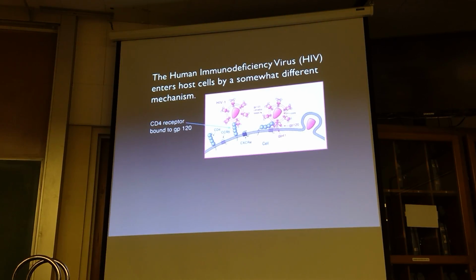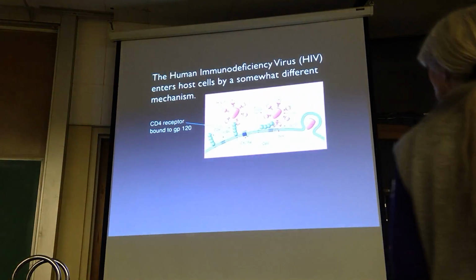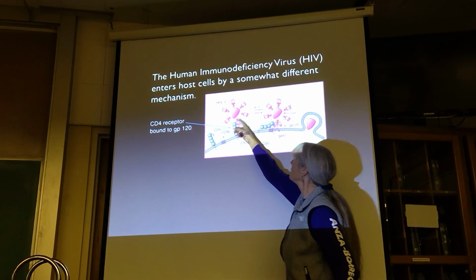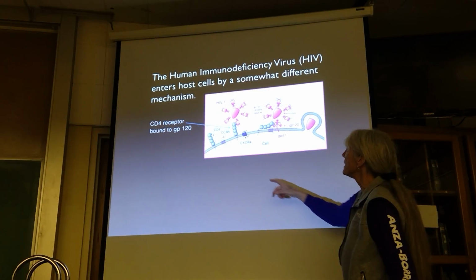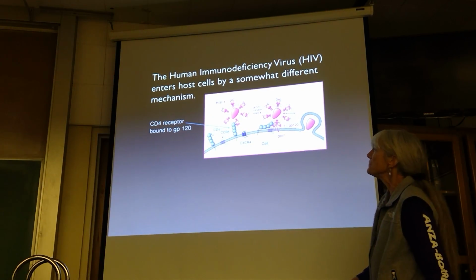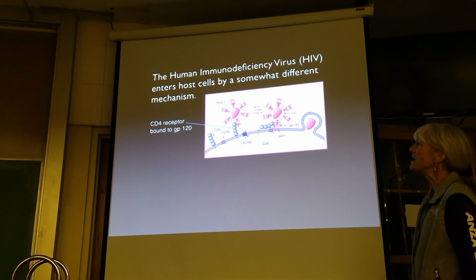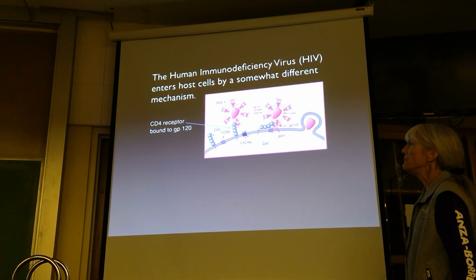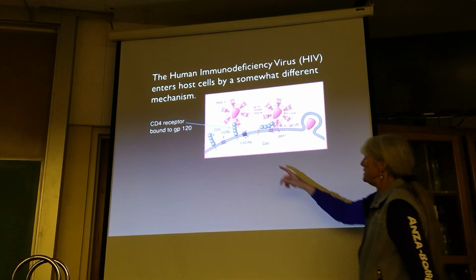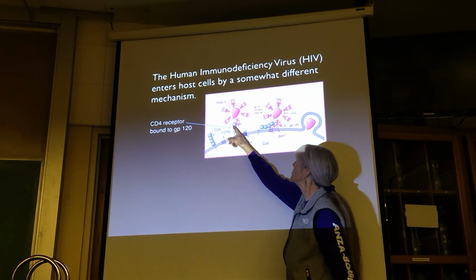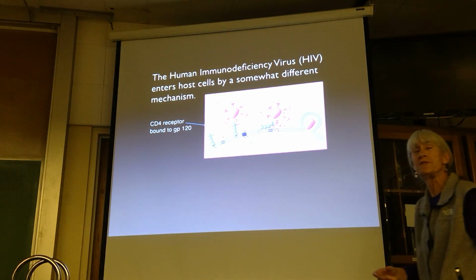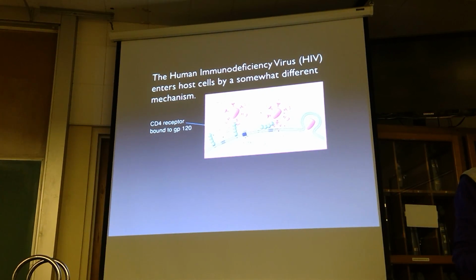So what you see here, an illustrated version, you see the viral envelope here. The viral envelope has receptors that interact with receptors on the cell membrane surface. The receptors that are on the virus are glycoproteins. They're referred to as GP120 and GP41. But this is the CD4 receptor, which is a characteristic of a particular type of cell that HIV can infect.